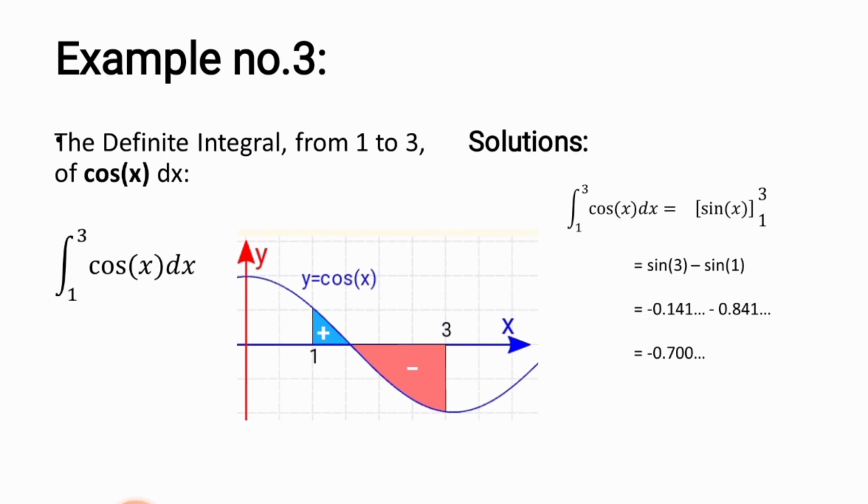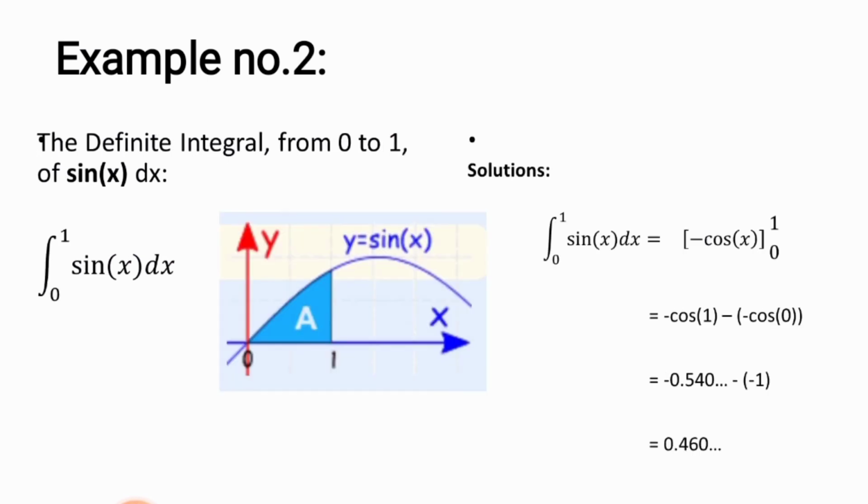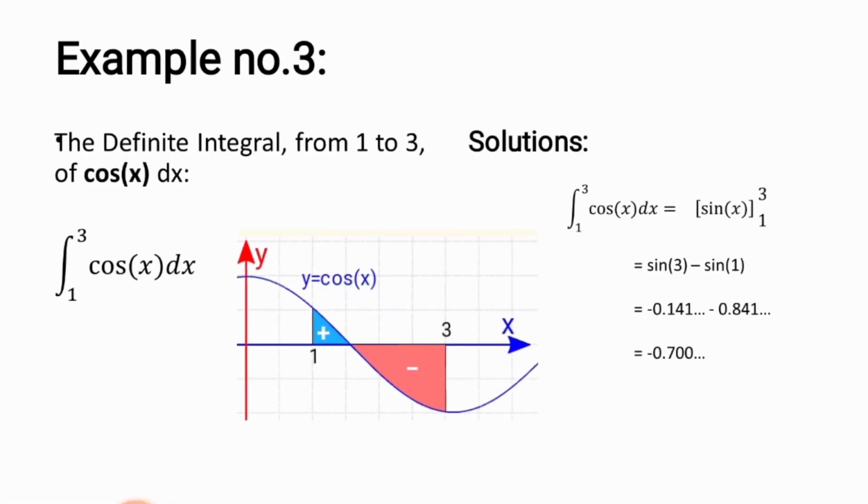But we can have negative regions when the curve is below the x-axis. So now in example number 3, we have the definite integral from 1 to 3 of cos x dx.